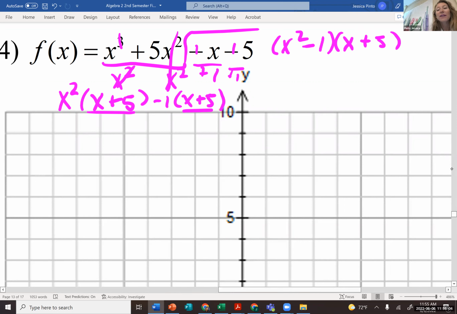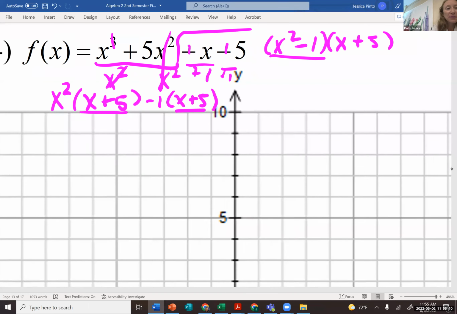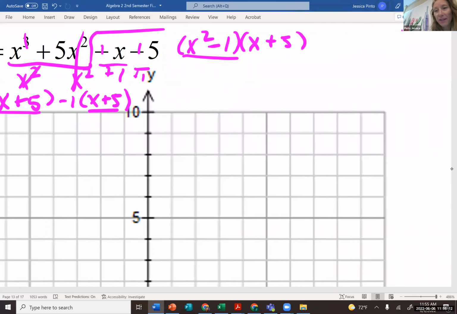Uh-oh, x squared minus 1 is a special pattern. So this needs to be factored further. As a reminder, I'm going to draw out my t-table. This is x squared plus 0x minus 1 if I write it as a trinomial. And so I want the numbers to multiply to -1 and then add to 0.